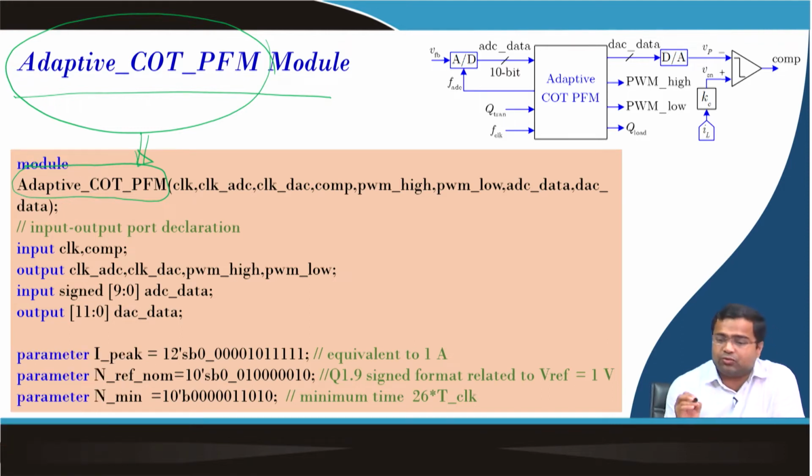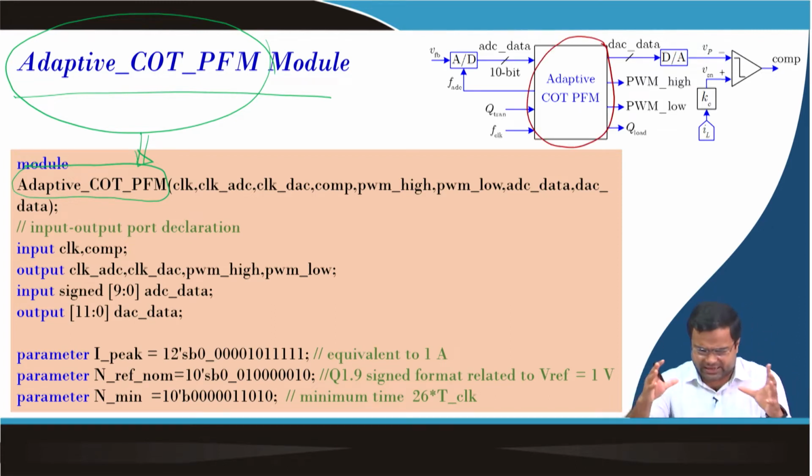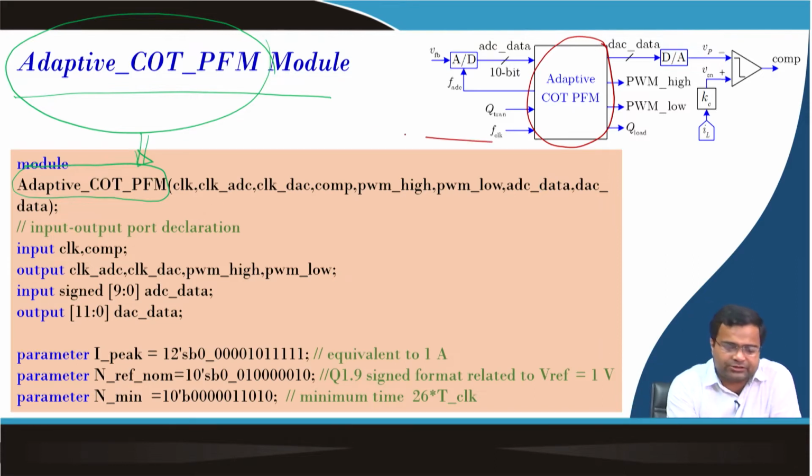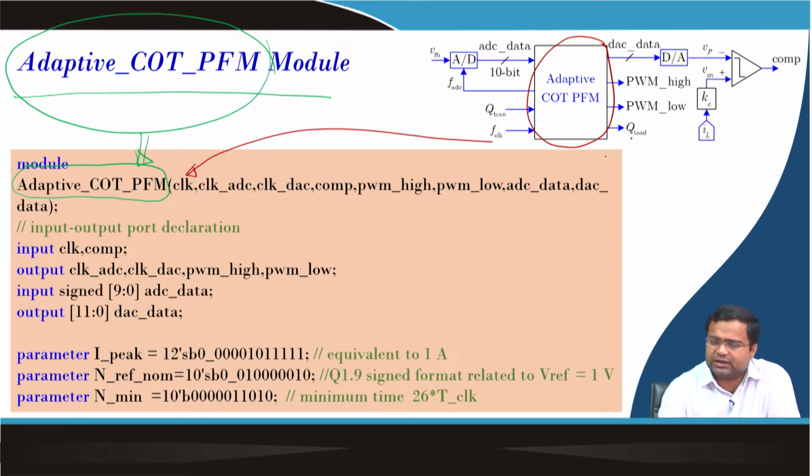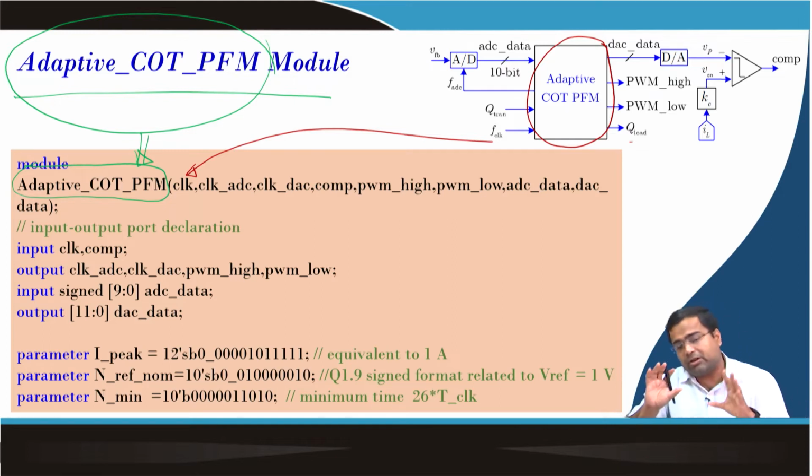Then any module has an interface; it has to communicate with the real world data, and we need to figure that out, because this can only accept digital IO data. So, naturally there is an ADC. First of all, there is a high frequency clock which is here, then Q load which is going out. Here we are not giving any load transient, so we are disconnecting Q load, but when we go to multi mode we will show load transient.